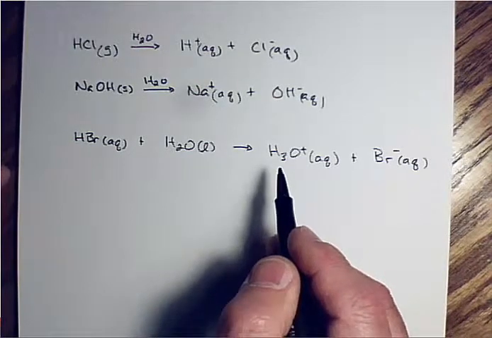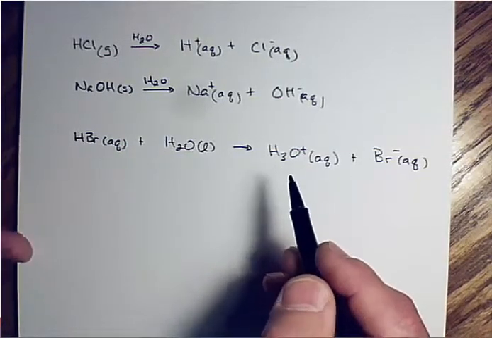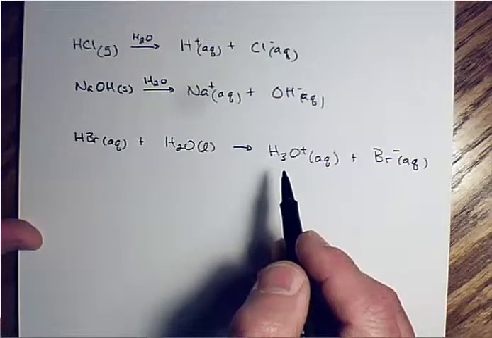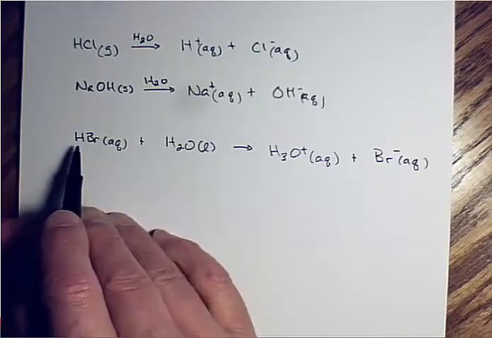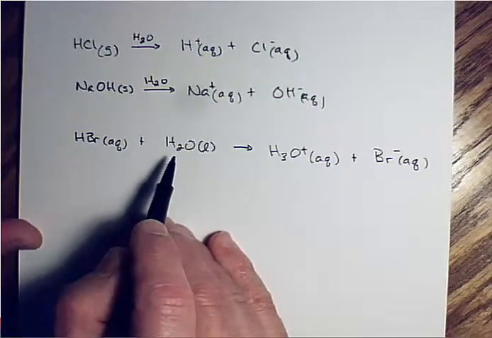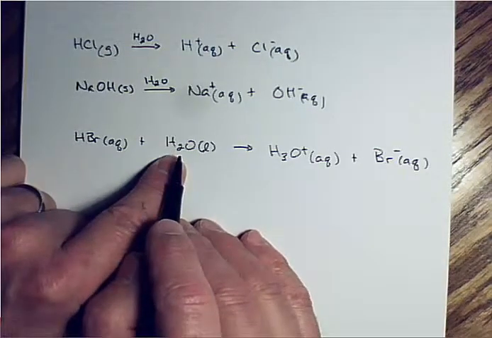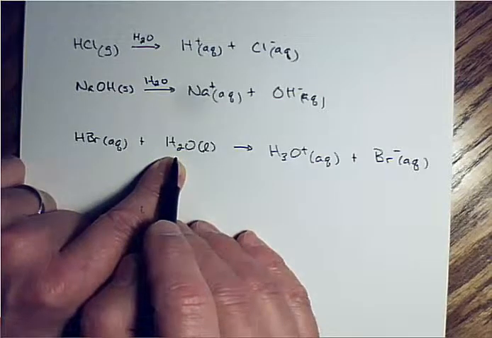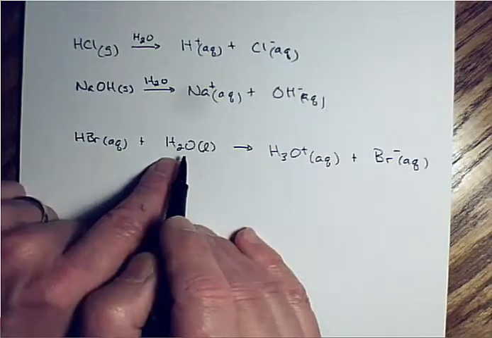Is that the only behavior it illustrates? What is the definition of a Bronsted-Lowry base? It accepts a hydrogen ion. So the water here is accepting that hydrogen ion, right? So this is the Bronsted-Lowry acid. What is this? That's a Bronsted-Lowry base. Does that make sense? Because this is donating the hydrogen ion, and this is accepting that hydrogen ion.